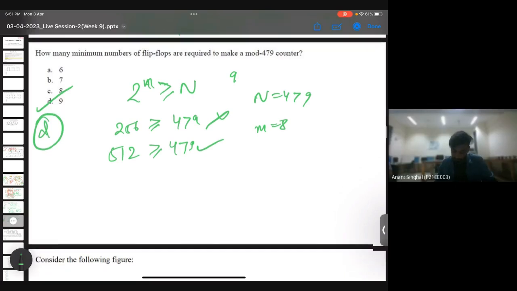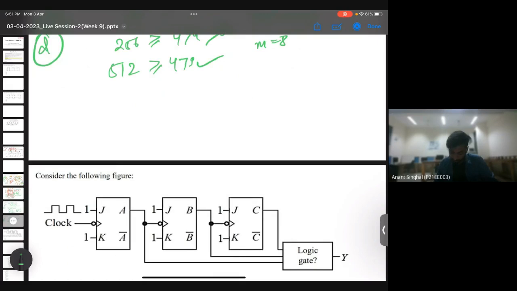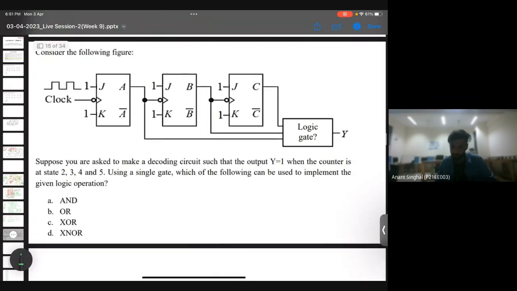Okay. So now we'll go to the next problem. Maybe you can try to solve this. It is quite a good problem. I can give you 5 minutes for this, then I'll solve the problem. This is an asynchronous circuit, as you can see. Maybe you can try to solve this, then I'll solve it.